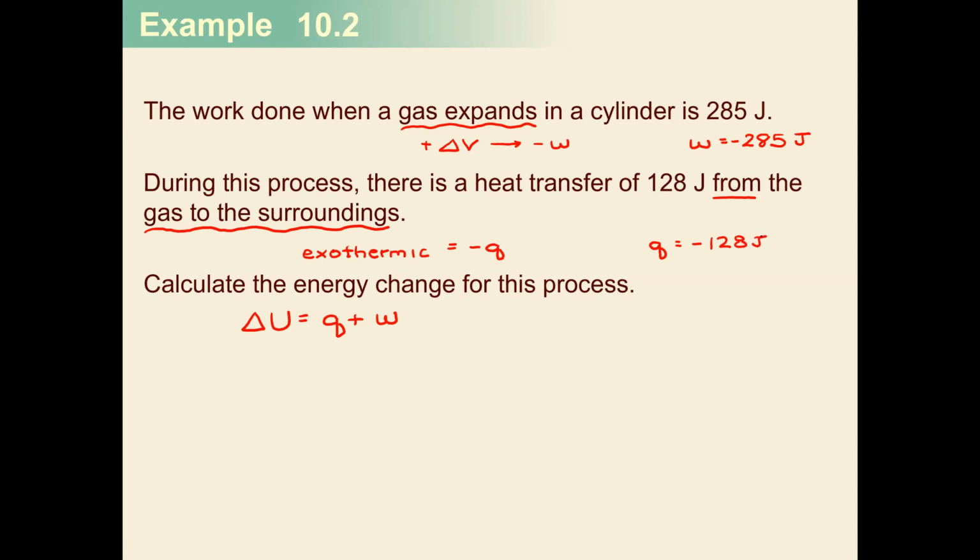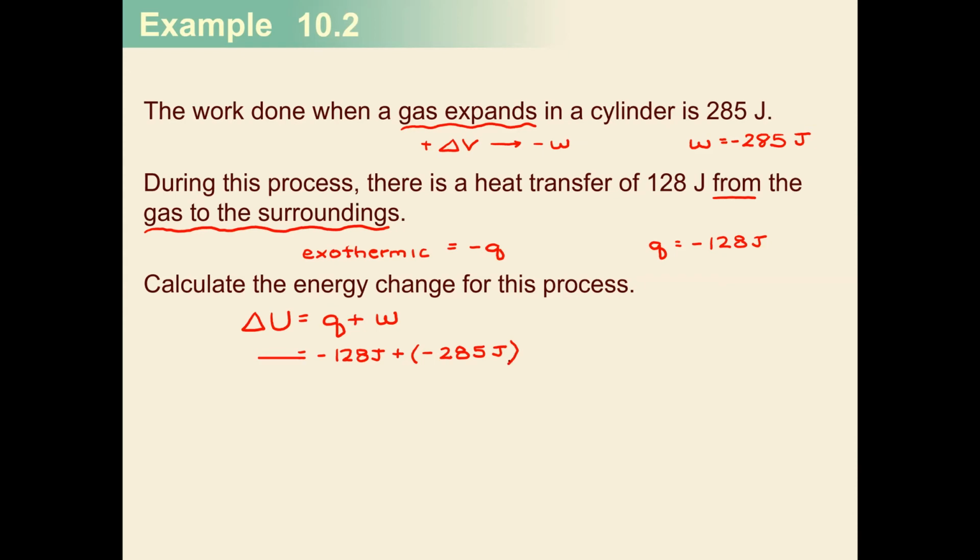So what can I do? Well, now what I can do is put those into my equation. So I have my Q at negative 128 joules. We are going to subtract because we have a negative 285, or we can go and add a negative 285 joules. And now you can see why I will call this the hardest, easiest math you'll do.